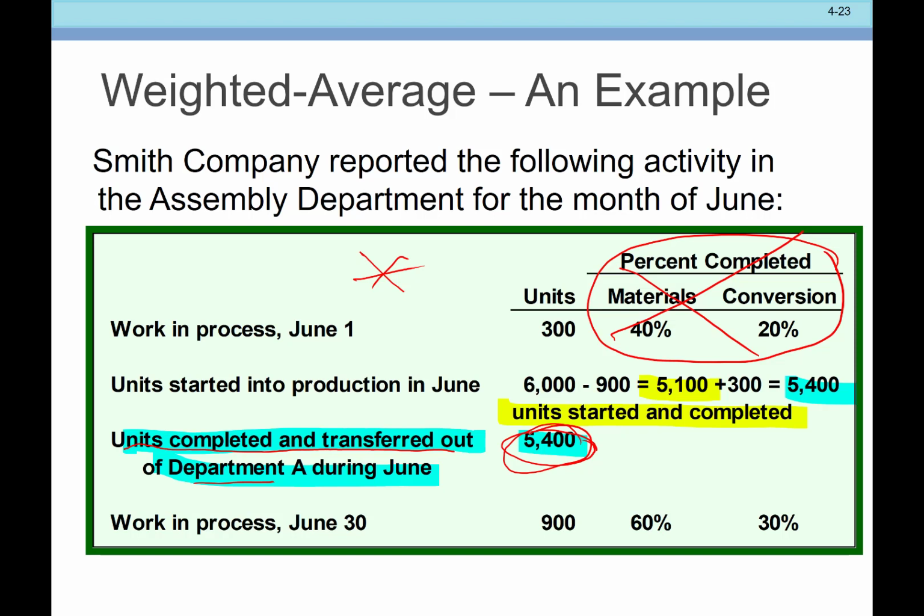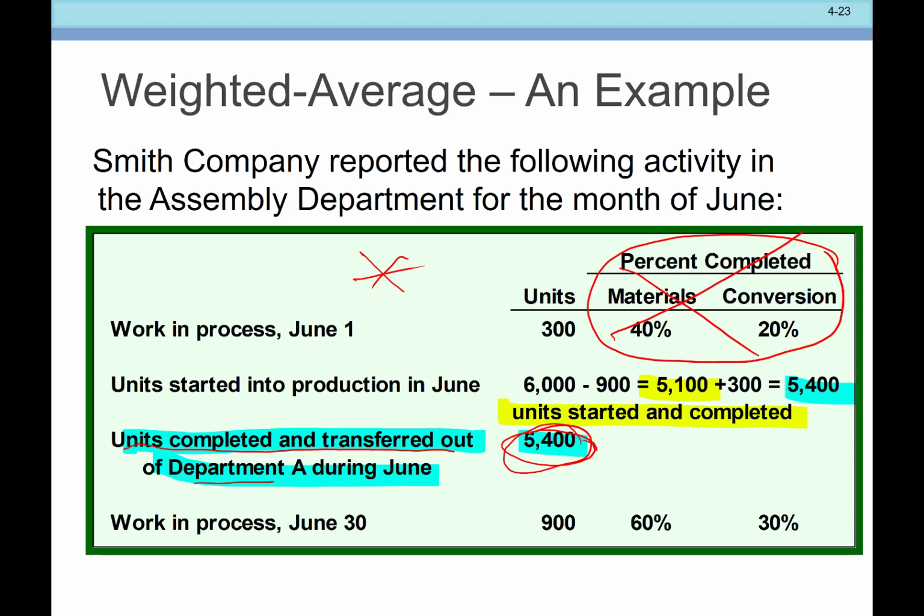There are a couple of ways to figure it out. One is to look and say, well, I have 6,000 units in total that have been started in production. They'll give you that. 6,000 units have been started. 900 units I know are not done yet. That gives me what? 5,100 units that were started and completed this period, because sometimes the problem will tell you that.